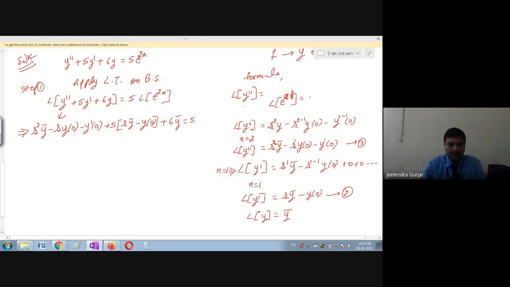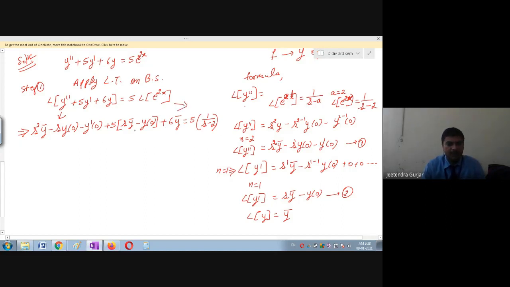Very good, excellent. You are right. 1 divided by s minus a we used to take. Therefore, a we have taken this as 2. Therefore, you are understanding Laplace transform. So this is e raised to 2x will become 1 upon s minus 2. So therefore, I will substitute here 1 upon s minus 2 is the correct answer. So you have understanding how to simplify this now.